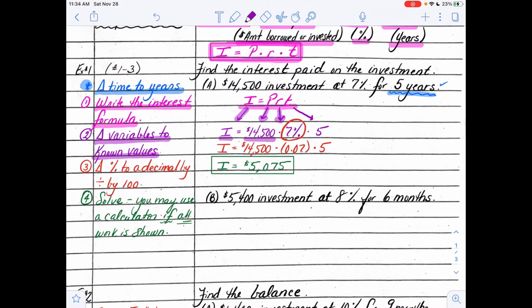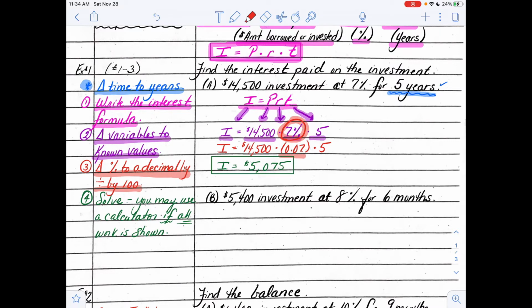The rate, they did tell me the rate. They said it was going to be a 7% rate. And the time, they did tell me that as well, and that was for 5 years. Now we're going to change any percent to a decimal by dividing by 100. So we take that 7% and divide by 100 to get 0.07.